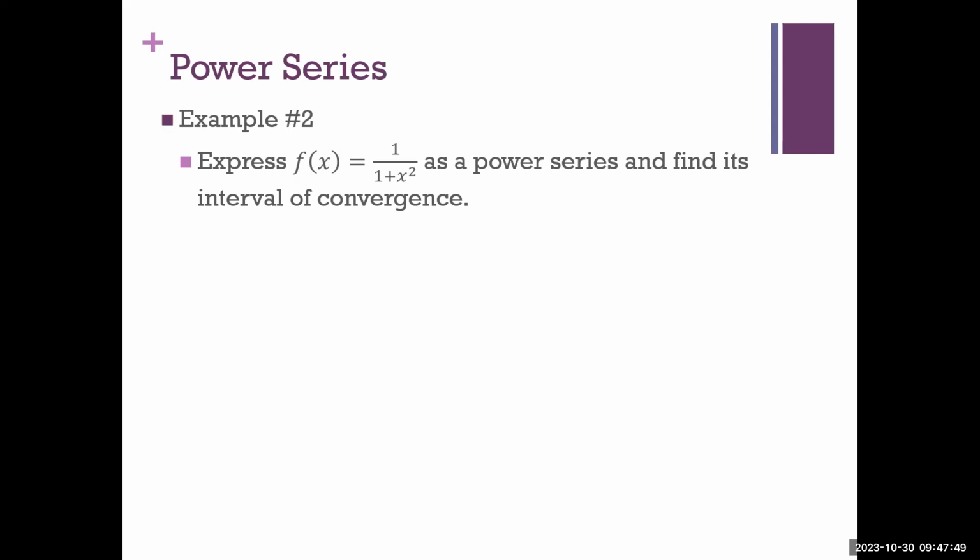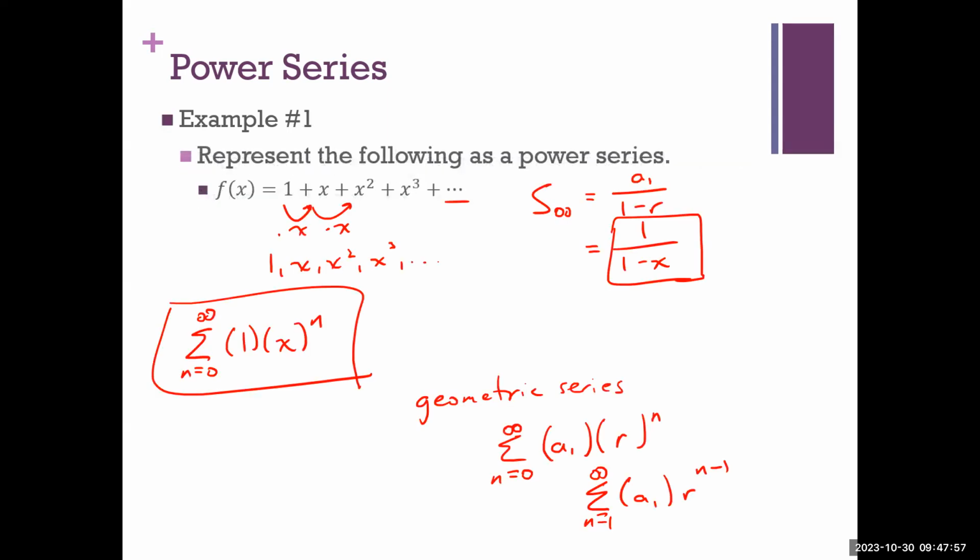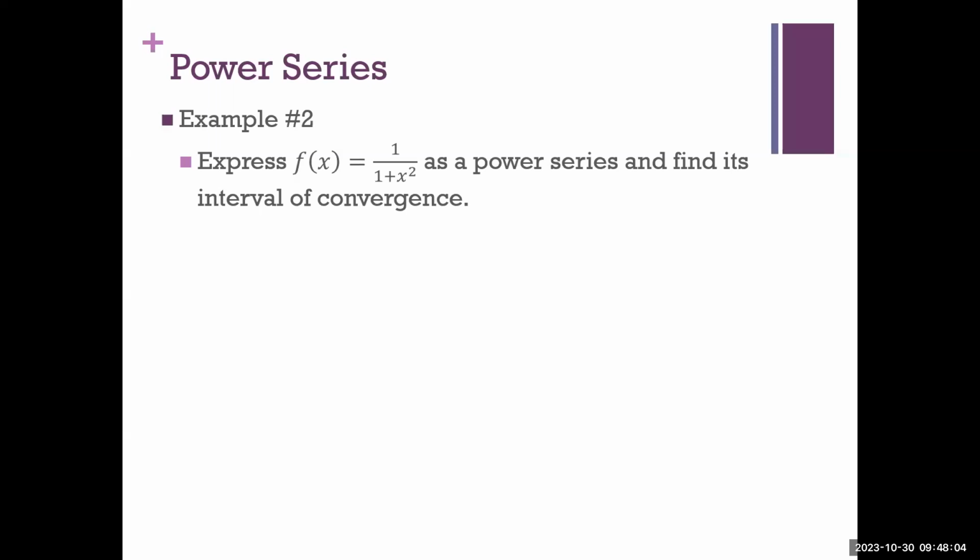For this first one, the question I'd like to ask is: do you see any similarities we can rely on between 1 over 1 plus x squared and 1 over 1 minus x? Maybe I'll write that down here.